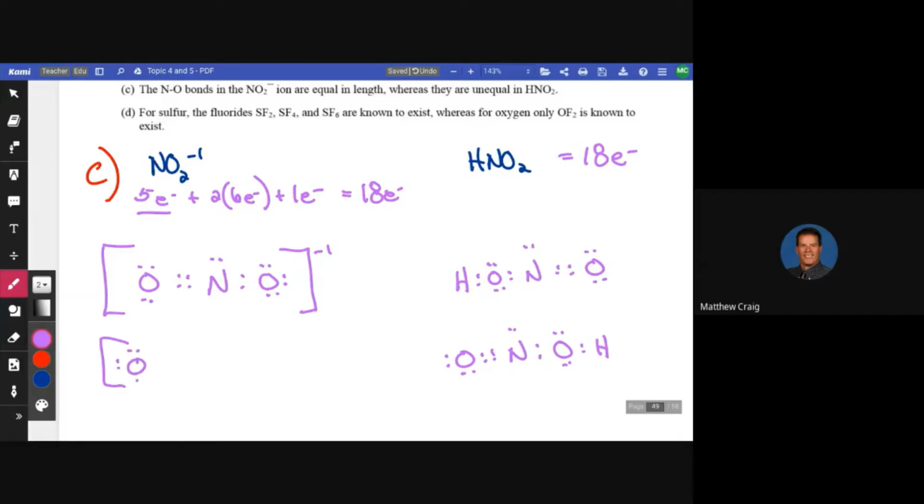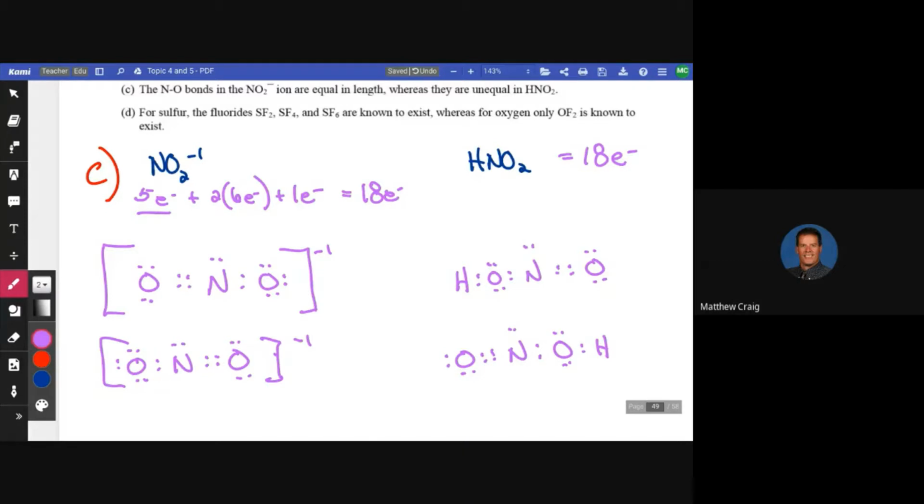Are we supposed to know that you put the hydrogen on the oxygen and not the nitrogen? That is a fact. In other words, according to formal charges, nitrogen wants how many shared pairs? 3. And how many lone pairs? 1. So if you put the hydrogen on the nitrogen, there are 4 shared pairs, no lone pair.